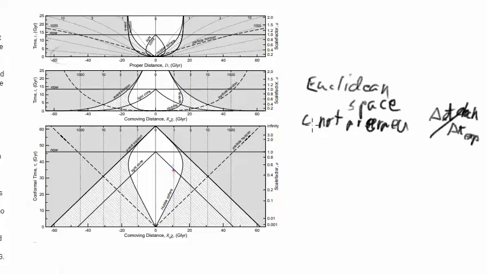So C is not constant in this graph. The time scale is constant. But in this one, the actual t is changing. But they've got it labeled by scale factor, but in this graph it would make sense to mark this by a time scale factor.